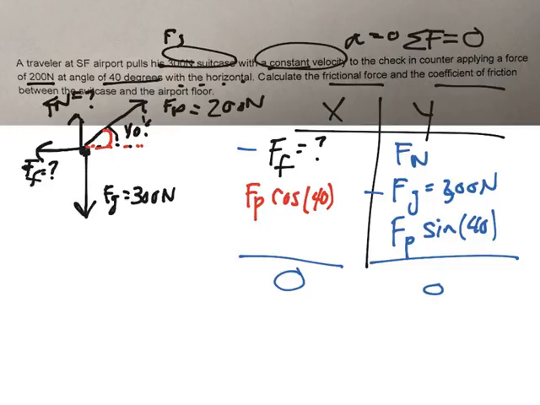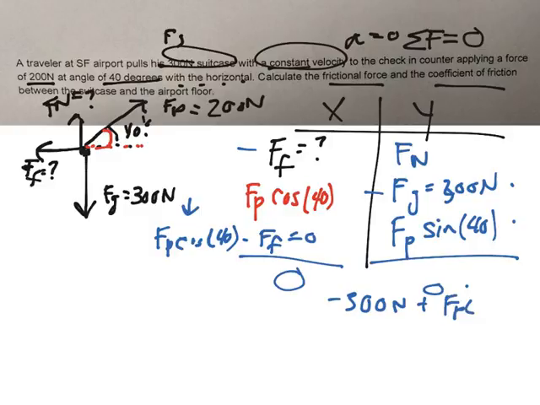So we know that Fp cosine 40, which we'll get a number for, minus friction is equal to 0. And we know that the normal force, again, we know what these two things are, and it has to equal 0, so we can set up negative 300 and add it to Fp sine 40, and Fn equals 0.